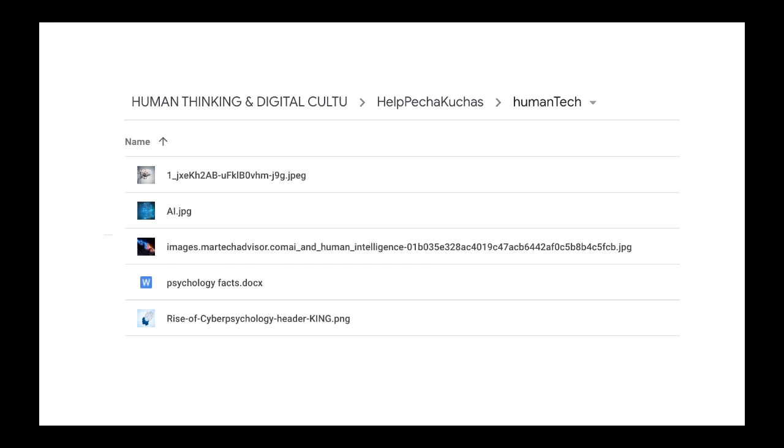Since I've been home, I haven't been able to find any news other than about coronavirus. And I was hoping that you would just encounter news or tweets or Facebook entries that just talked about ordinary things and that they would sometimes use metaphors from technology. But that hasn't happened very much. So I've added even more images than you see here to this human tech folder, images that you can use.